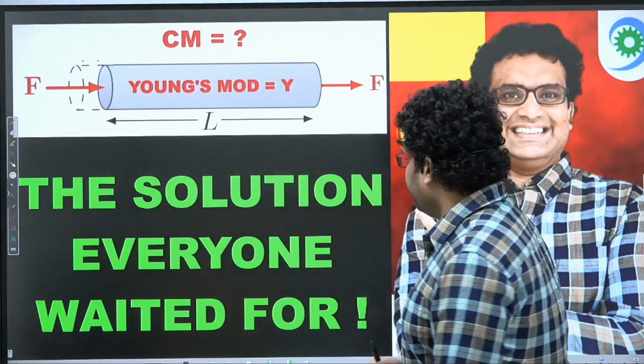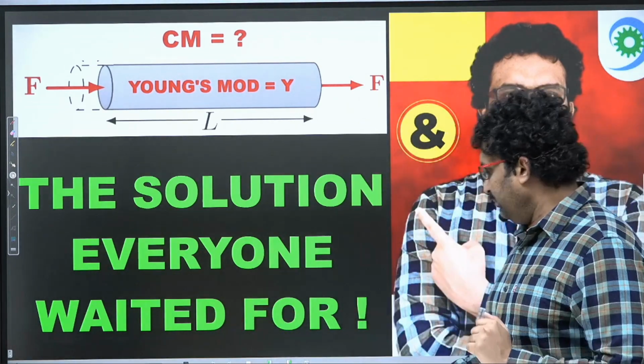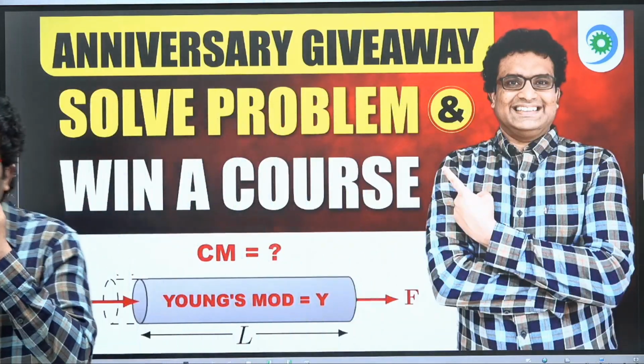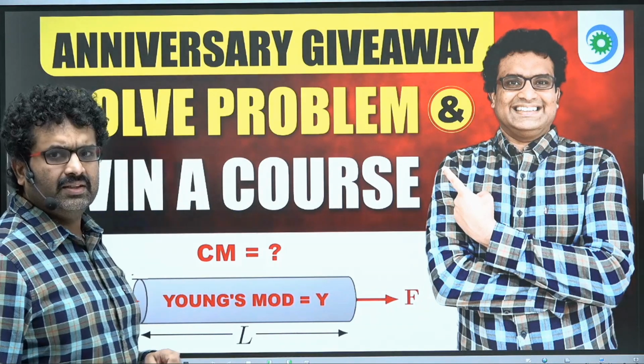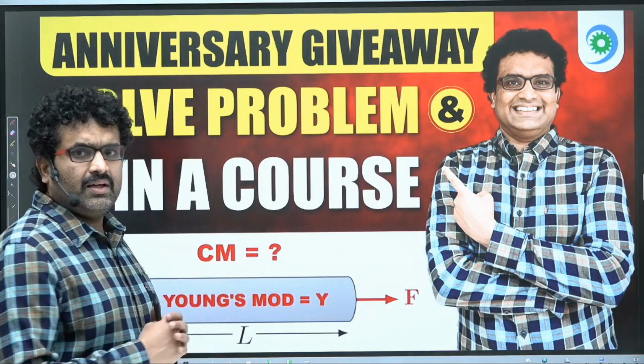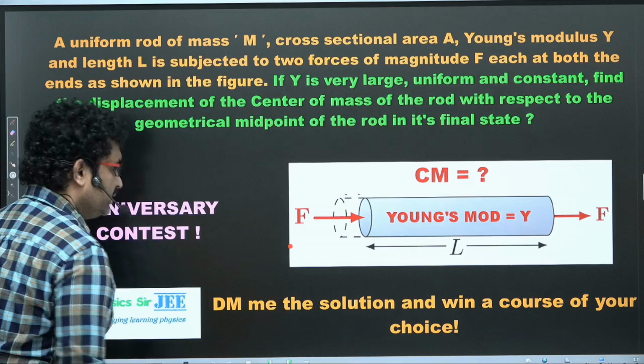For those who are new to the channel and watching this video for the first time, this was the video I was referring to. There was a problem that I released a few weeks back, and I asked the students to send the solution in our app. This was the question.